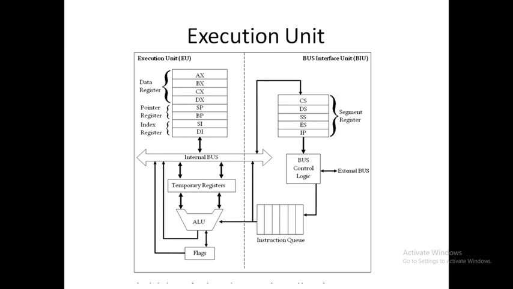So flags are basically of two types, conditional flags and control flags. Conditional flags are 6: carry, auxiliary, parity, zero, sign and overflow. And control flags are trap, interrupt and direction.